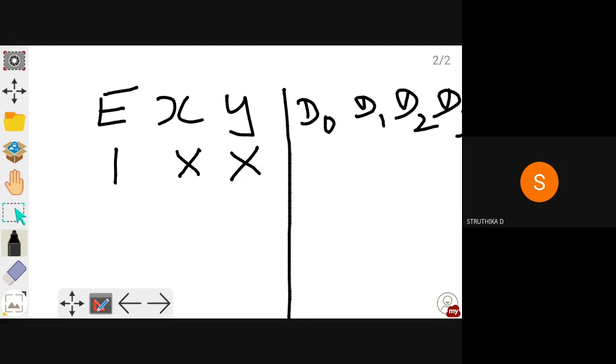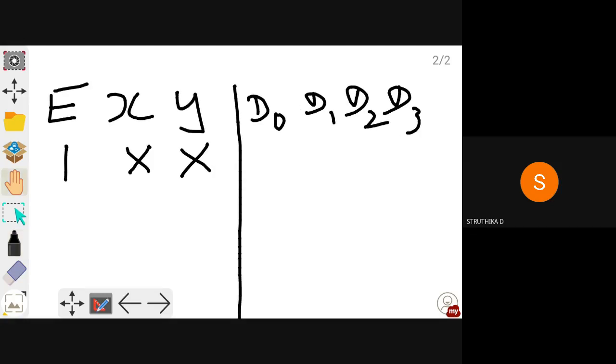So if E is equal to 1, X and Y are don't care, and the outputs D0, D1, D2, D3 will not give any output. Since I am designing using NAND gates, no output means it will produce 1. So the values will be 1, 1, 1, 1, because the decoder is not enabled here.